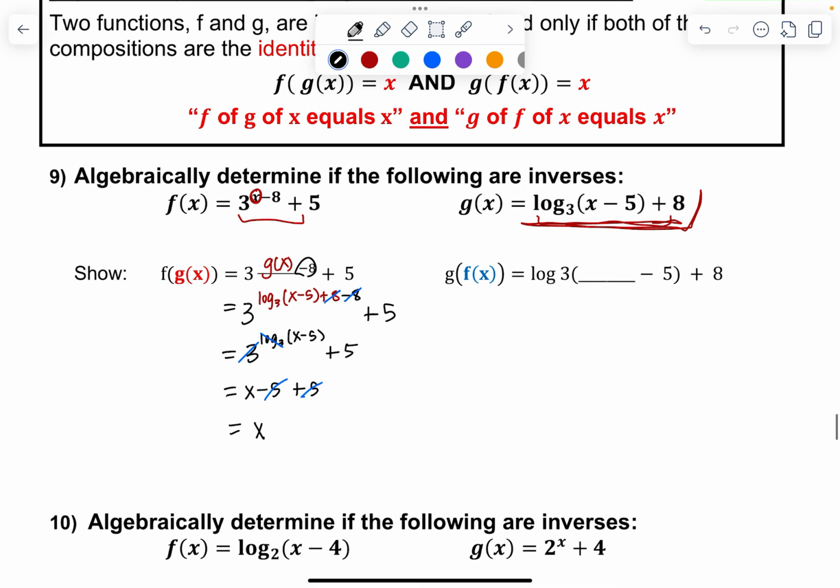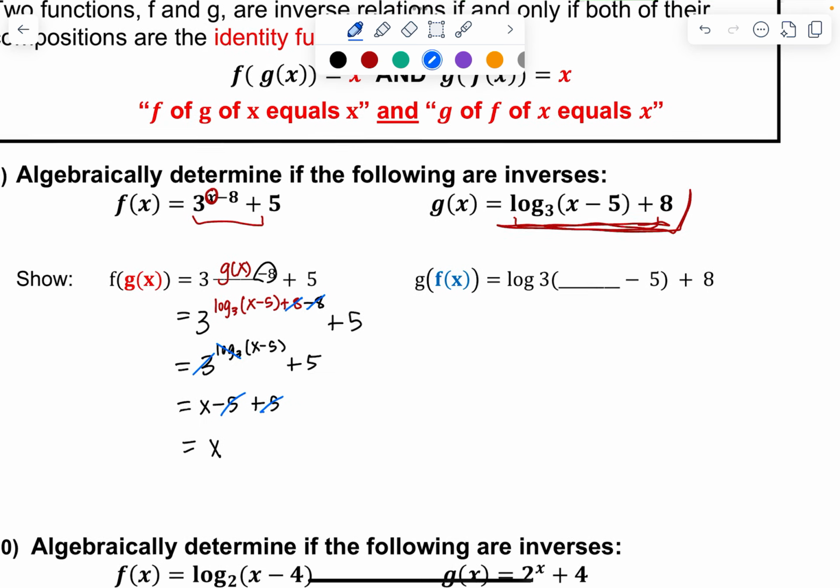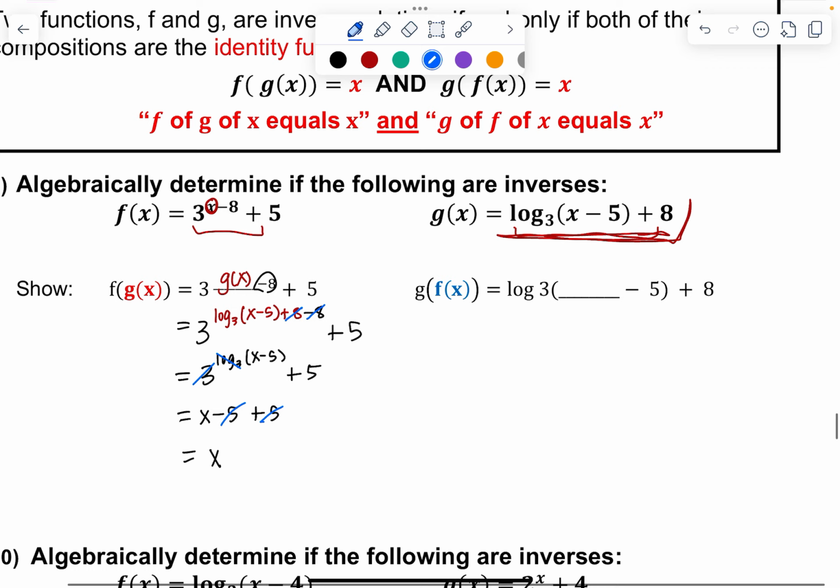We need to show that if we put f inside of g, they would also equal x. So this time we're putting g of x inside, that's not it. No, we're putting f of x, sorry. We are putting f of x inside g of x. So we're replacing this x with f of x.